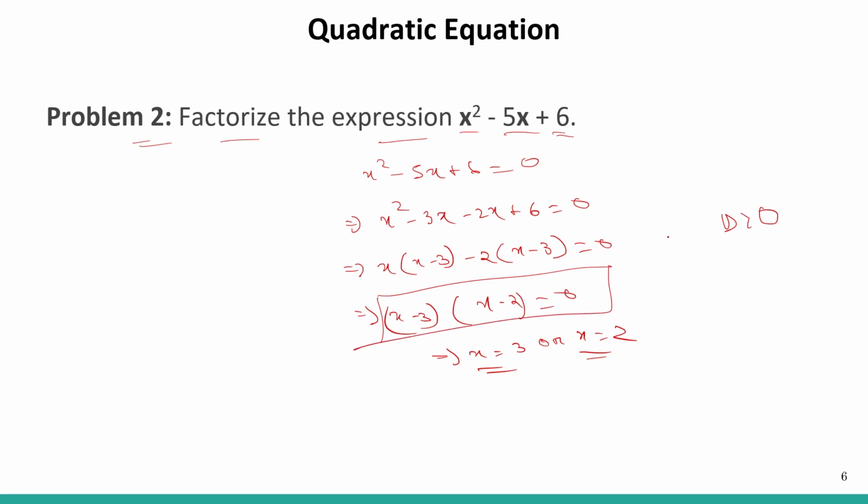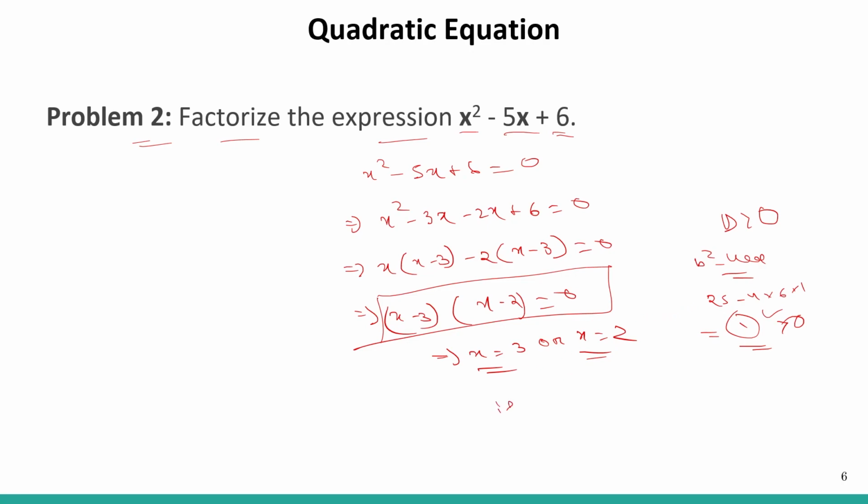Let's see whether d is actually greater than 0 or not. d is equal to b square minus 4ac, so it will be 25 minus 4 into 6 into 1, which is equal to 1. That is actually greater than 0. We can also evaluate from here whether d is greater than 0 or not, because these are double implications.